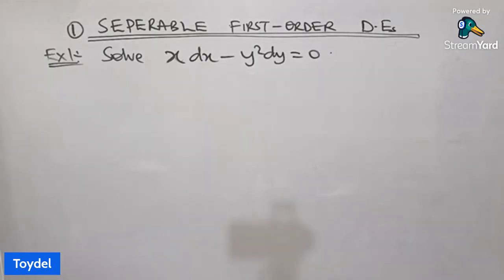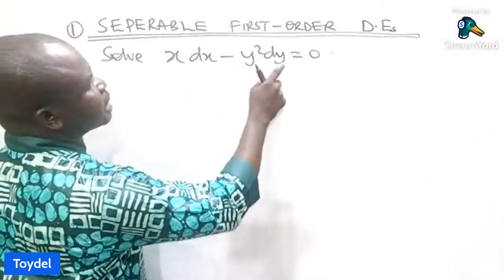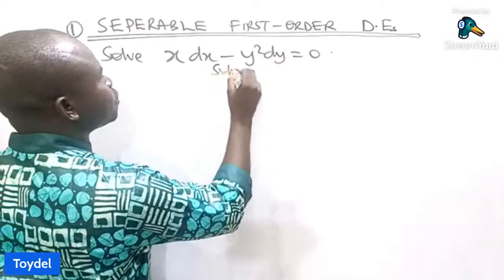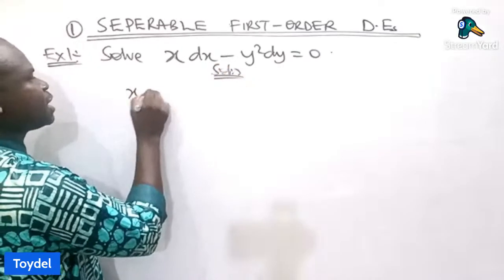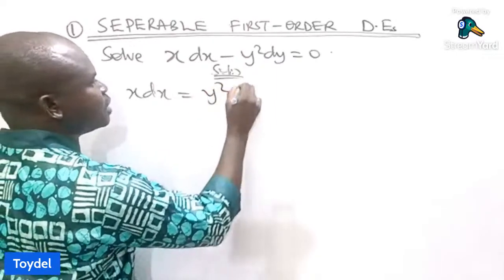Let's look at this example 1, where we are to solve x dx minus y squared dy equal to 0. So what do we do here? You realize that this is x beside dx, then y squared beside dy. So we can say, solution: x dx will be equal to, we transfer this to the other side, y squared dy.